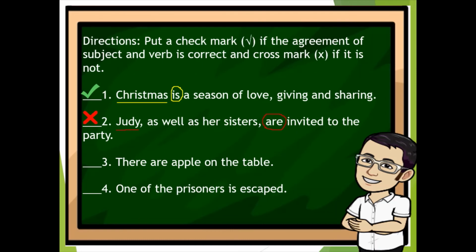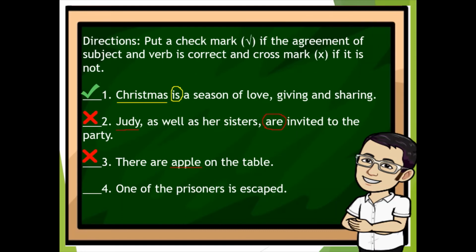Next, number 3, there are apples on the table. The answer, X mark. The error in this sentence is "apple." It should be, you're right, it should be "apples," not "apple."